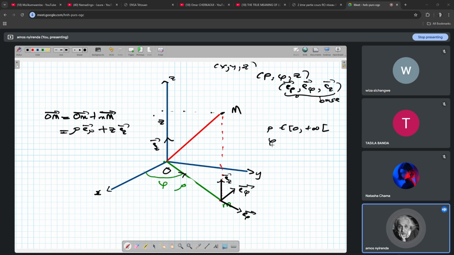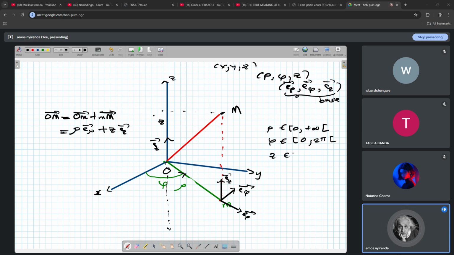And then phi here can go from 0 maximum to 2 pi, like so. And then z here can be, remember that here we have the negative z-axis and the positive z-axis. What I've just shown here to simplify things for us is the positive z-axis. However, we can also have the negative z-axis. If I continue down here, it's going to be the negative z-axis.